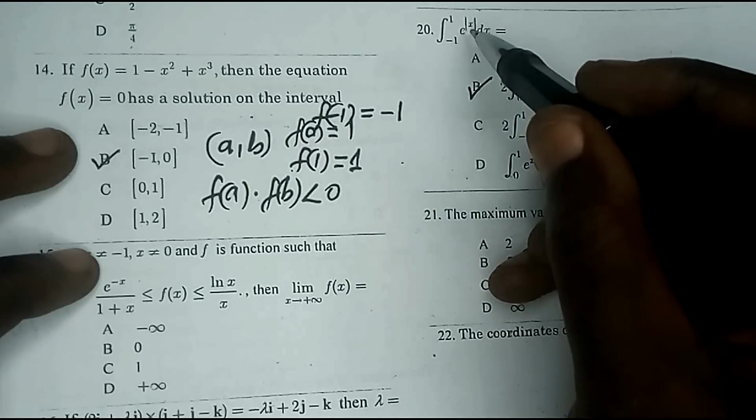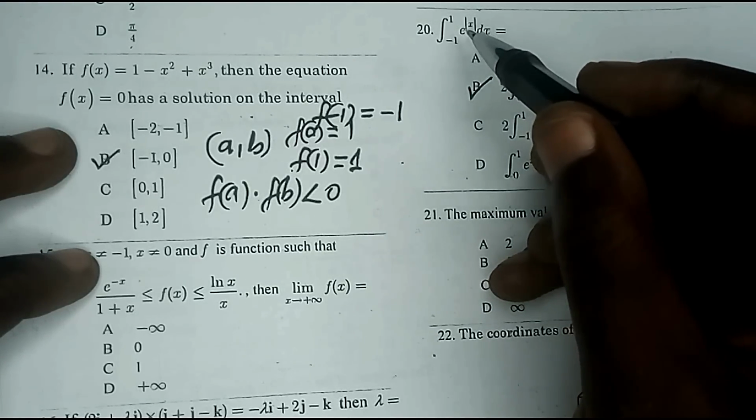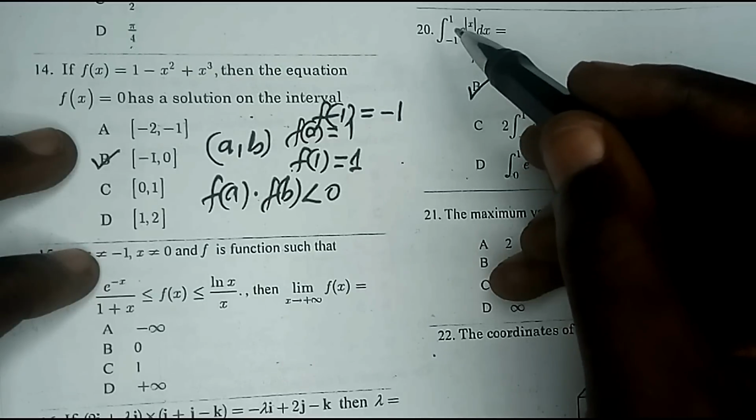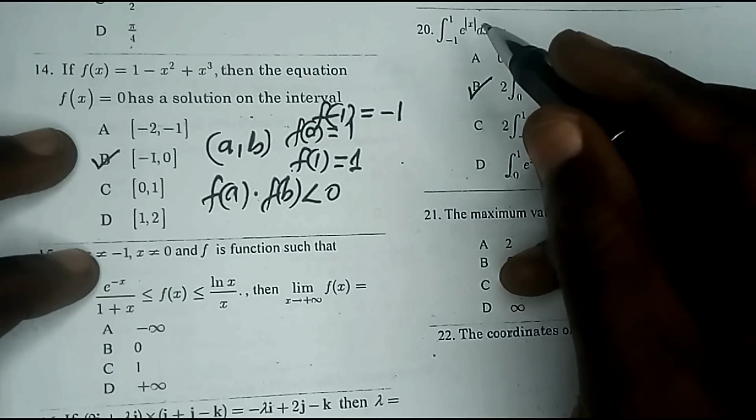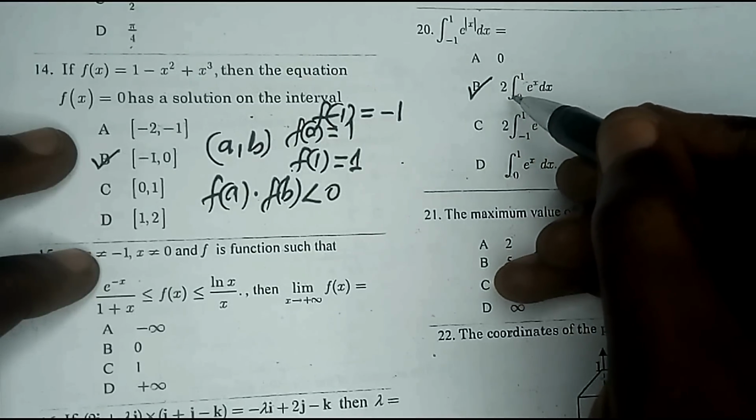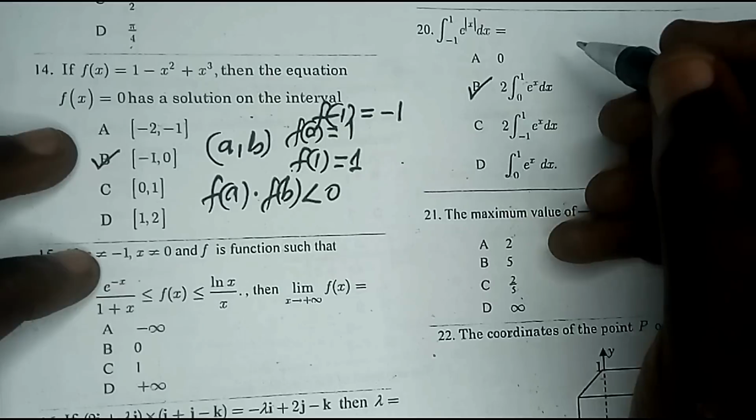And if the function is even, then the integral will simply be twice the integral from 0 to the upper limit. And e to the absolute value of x is actually even. That is why the answer gives B.